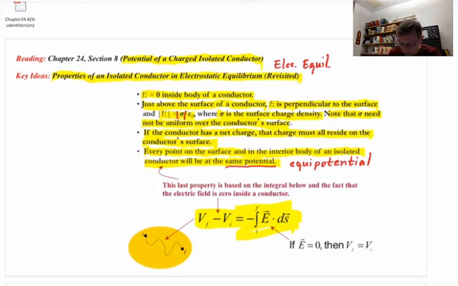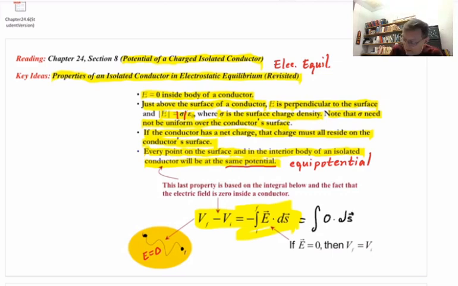And that's what I'm going to apply here, because I want to calculate the potential difference between the final point that I picked in the body of the conductor and the initial point by doing the negative integral of E dot ds. But remember, at every point in the body of the conductor, E equals 0. Very first property. So my integral of E dot ds means just integrate 0 dot ds.